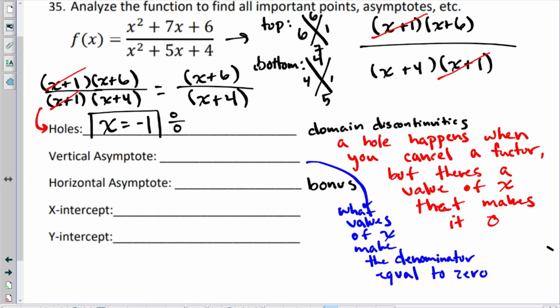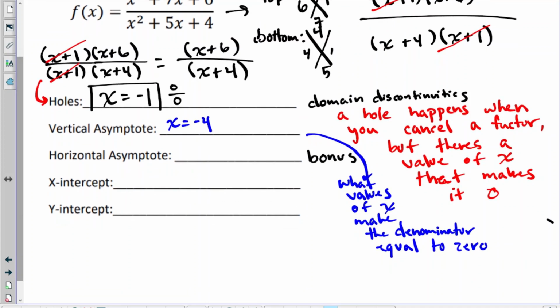We already have our hole sort of canceled out. So the only value of x that makes this equal to 0 is when I plug in -4. So x equals -4, because that'll make the denominator equal to 0. If the denominator is 0, then I'm dividing by 0, which means I have an asymptote there, right? My equation's going to break. Okay.